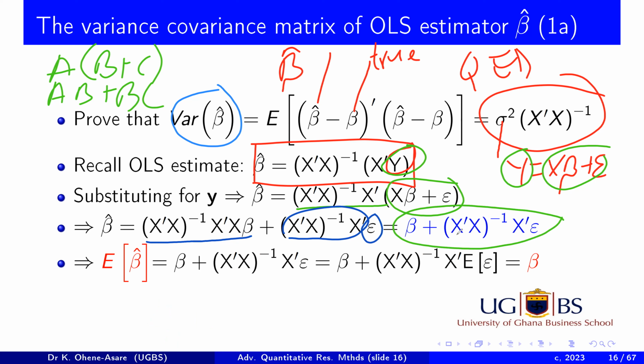Now, I want to take the expected value of this beta cap, which is that one here. So that means that I'll take the expected value of this beta, and then the expected value of the whole of this. Now remember, this is the error term. The expected value of the error term is 0. So multiplying the whole of this becomes 0.